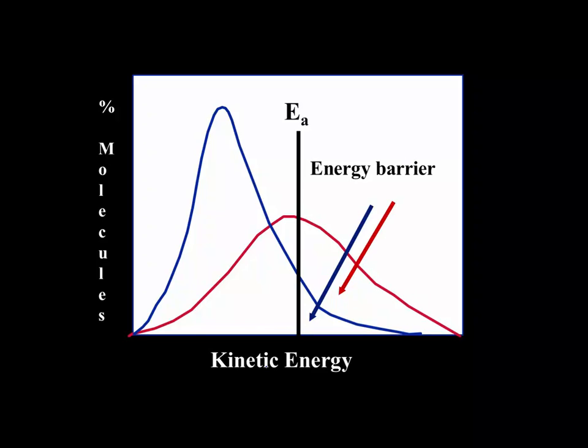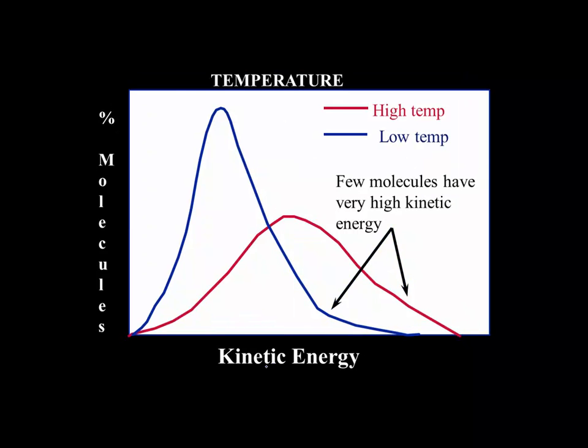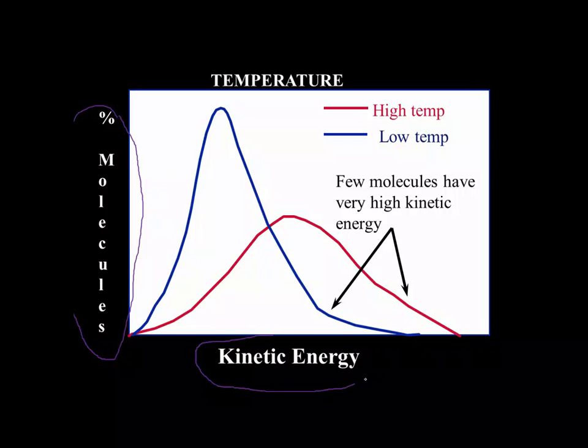These are Boltzmann's distributions. I'll go back for a second to reinforce. Your Boltzmann's distribution will always show, so if you have a number of molecules over here and your kinetic energy here, so when we get into heat, we come back to this discussion of kinetic energy and temperature. But right here at the peak of the curve, that's where most of your molecules have their energy. That's the average kinetic energy.